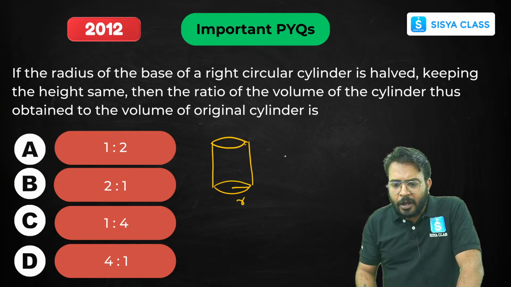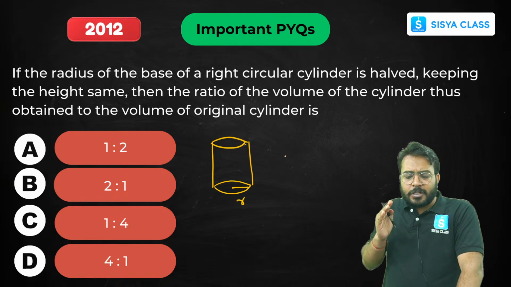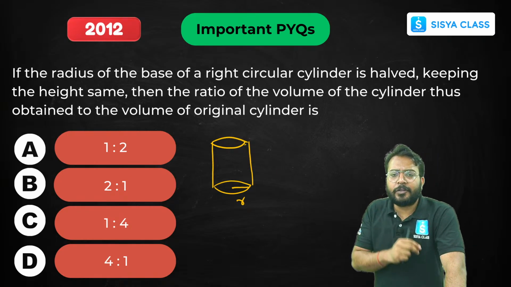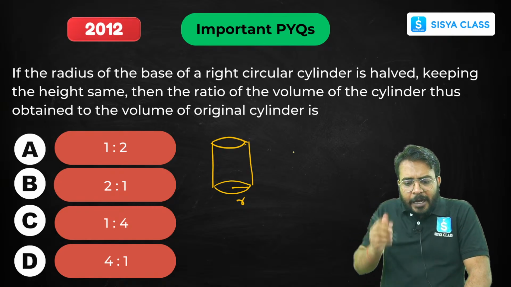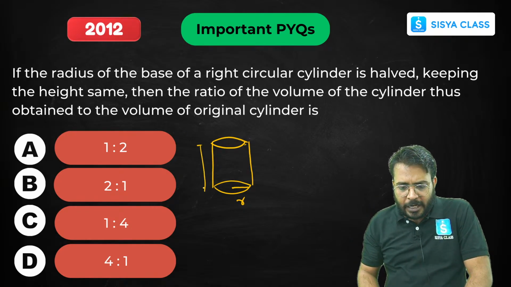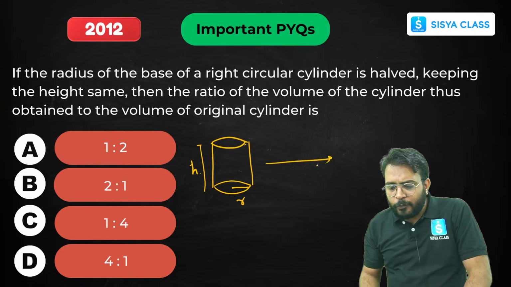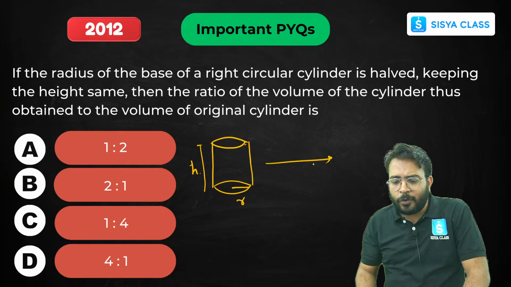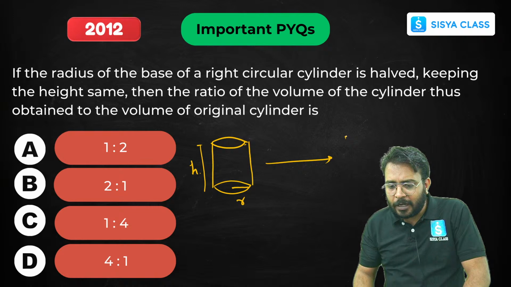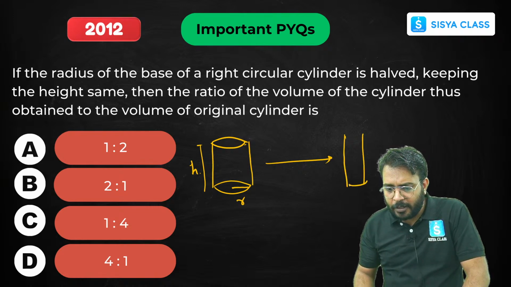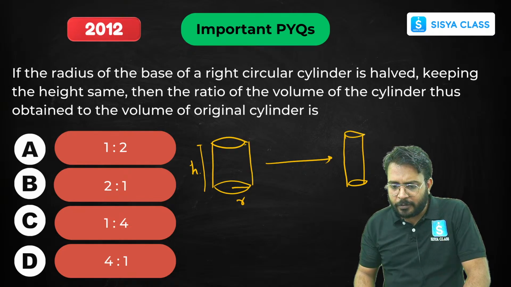Now what you are doing, you are just reducing the radius of your cylinder, keeping the height same. Suppose this height is h. Now the new one which you are forming, after reducing the radius, suppose you are getting this. So the radius of this cylinder is going to be r by 2, and the height is the same, height is h only, all right.